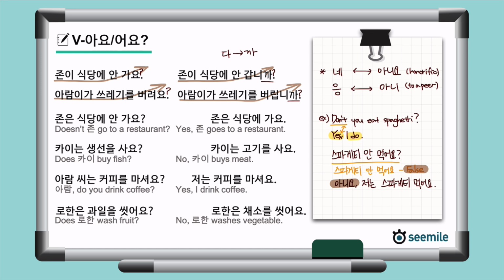In a nutshell, in English, you choose to start your answer yes or no depending on the answer. But in Korean, you must choose to do so depending on the question. So when someone asks you a yes or no question, please listen carefully to how it is phrased, whether it is positive or negative, in order to give a proper answer and avoid any misunderstandings.